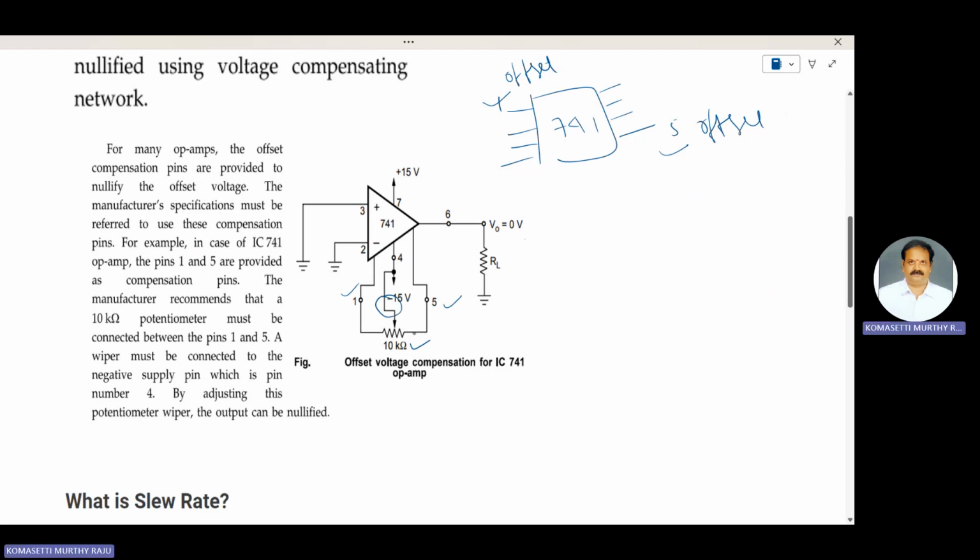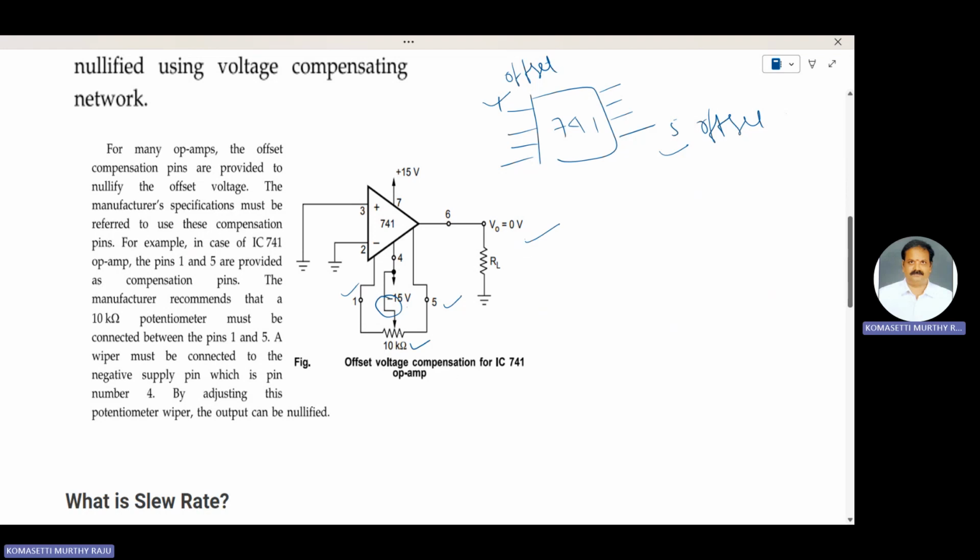The wiper must be connected to the negative supply pin, that is pin 4. Negative supply means minus 15 volts. By adjusting this potentiometer wiper, the output voltage is 0, that is, nullified.